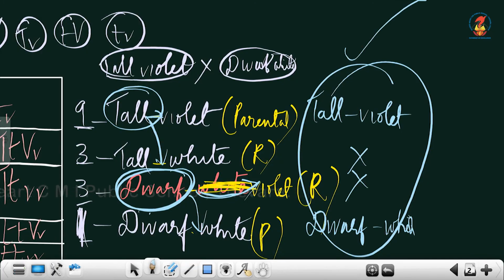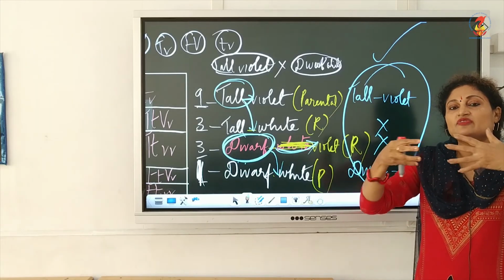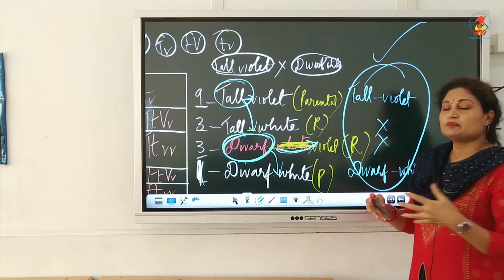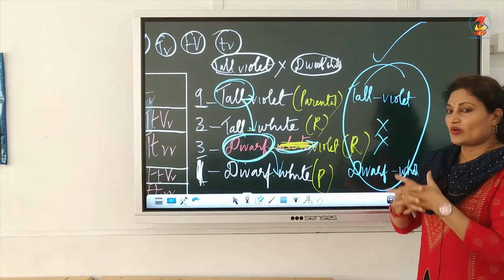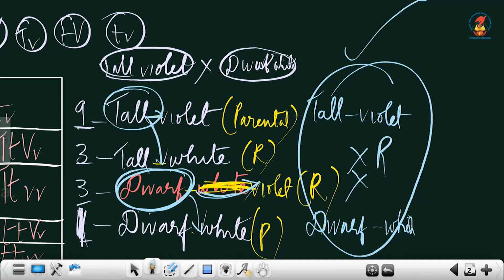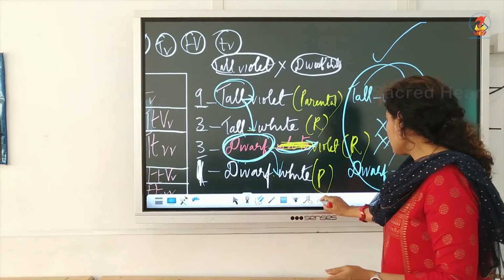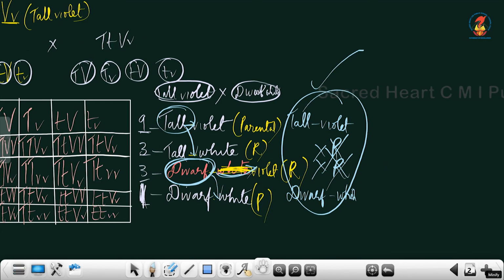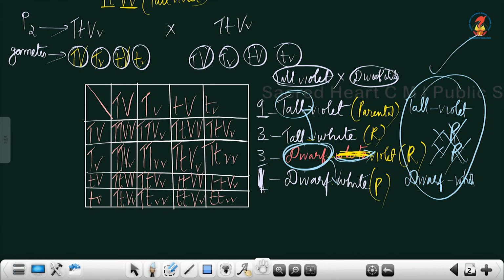Unlike this situation where, instead of independent, I am using dependent, tall goes only with violet, and dwarf is dependent and can go only with white. So, then in this case, no recombinants. Recombinants are not formed. This we are going to learn in the last pattern of inheritance, which is deviating from Mendel's pattern.